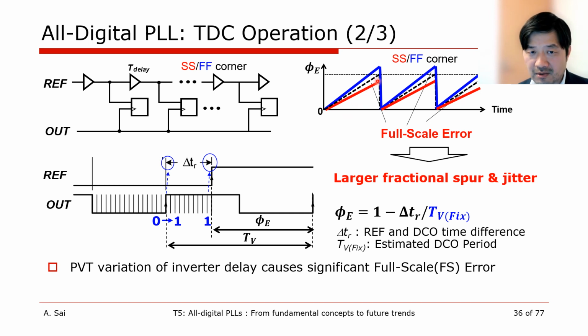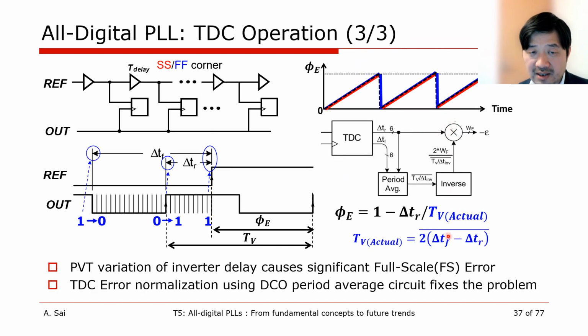If one period of the DCO is set to a fixed value, that is estimated once, the code value representing 2 pi of the full scale will vary greatly, resulting in a large full scale error as shown here. It will cause severe fractional spur and jitter.